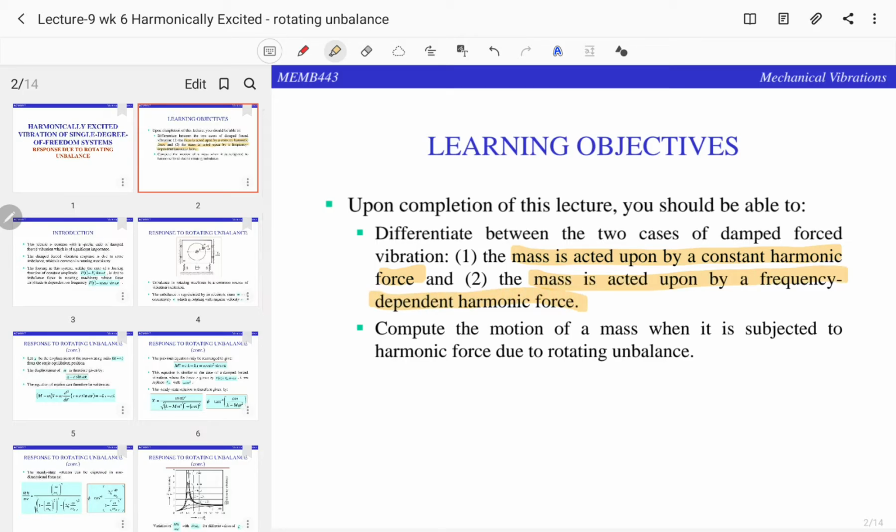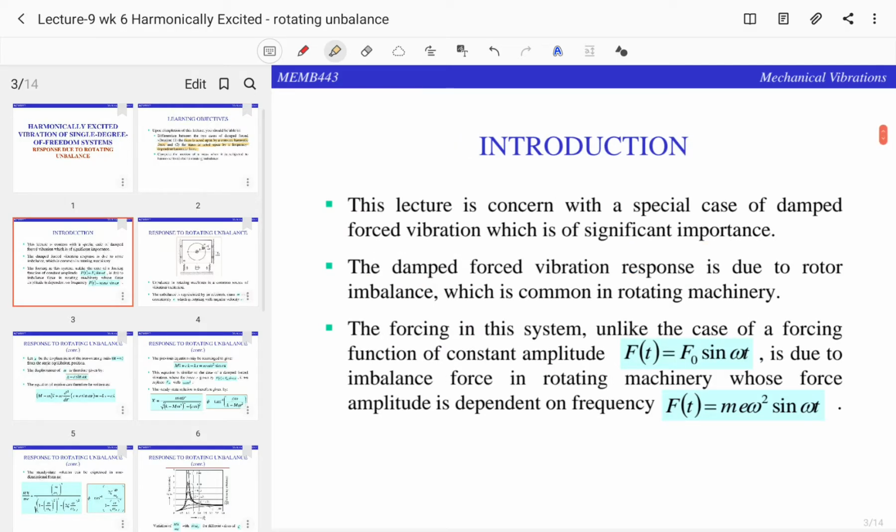So it is slightly different than the previous lecture where you take a look at base motion, which the input is displacement. This one, the input is still force, but it is based on rotating unbalance, and we want to take a look at how do you obtain the equation of motion.